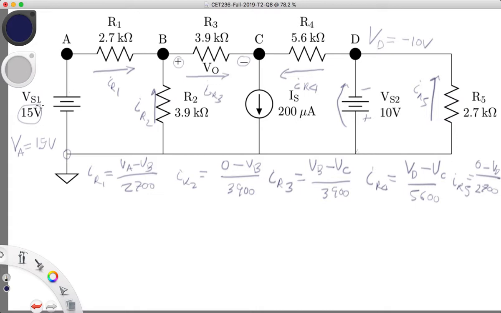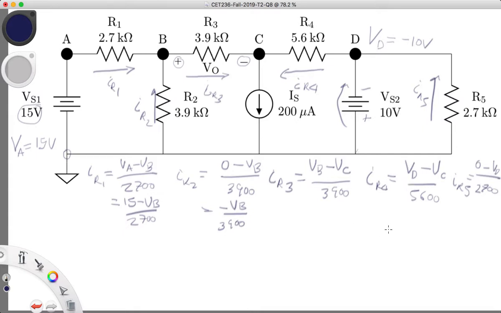Okay, so we already know what VA is, so we can rewrite that as 15 minus VB on 2700. And we can rewrite that one as minus VB on 3900. And we can't rewrite that one. We can rewrite that one.